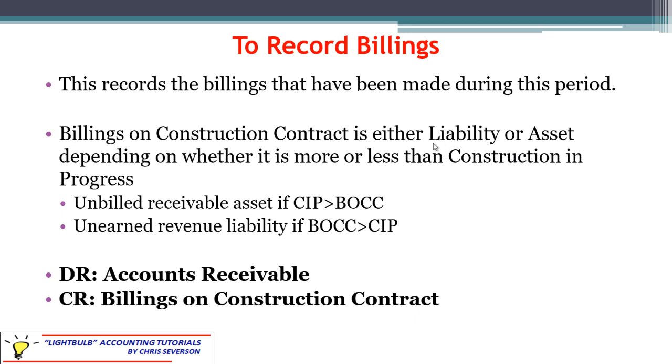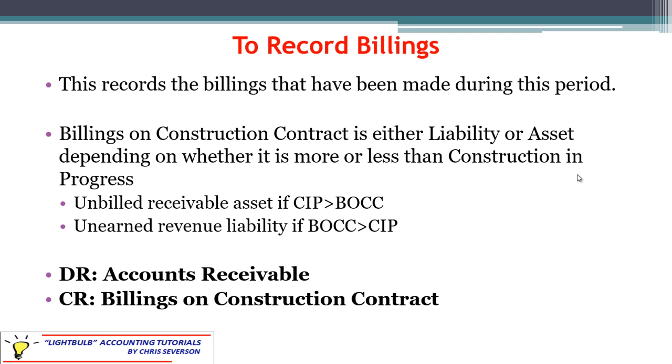What I'll tell you is it's either a liability or an asset, depending on its relationship to the construction in progress account. We hear the word construction quite a bit, three different times: this one, the construction in progress, and the cost of construction.